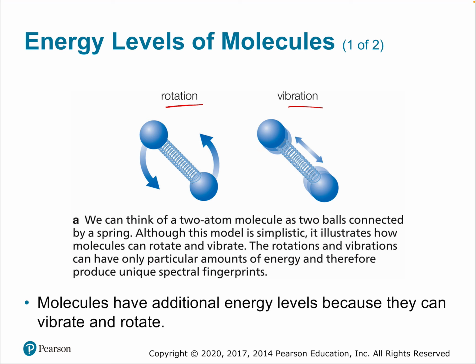Instead, it represents a rotating or vibrating, in this case, diatomic molecule. But then there's so many other options that more complicated molecules can do, so many other what are called degrees of freedom, ways they can gain energy and then release it back. So it's still discrete steps, which means you can't go in between the energy levels. It's still quantized, but just with so many steps that effectively it looks continuous.